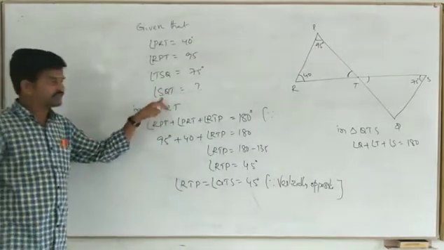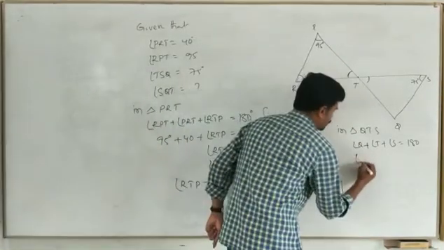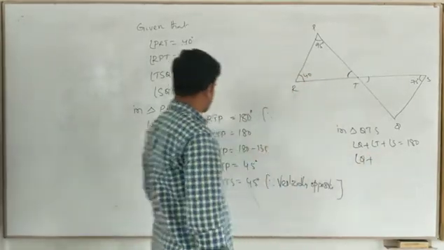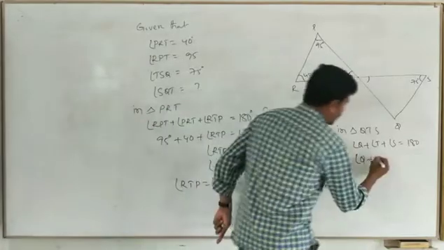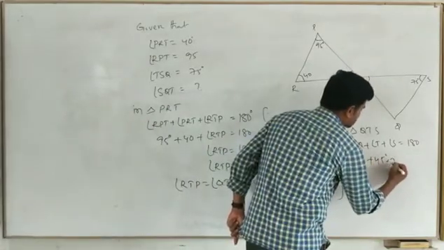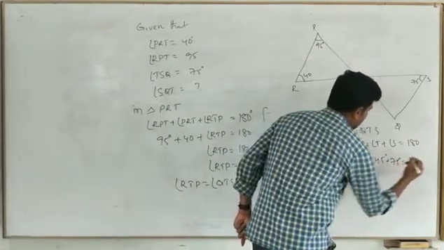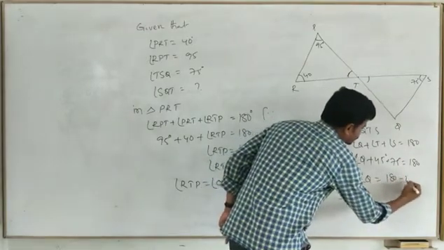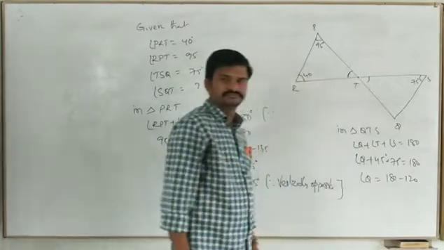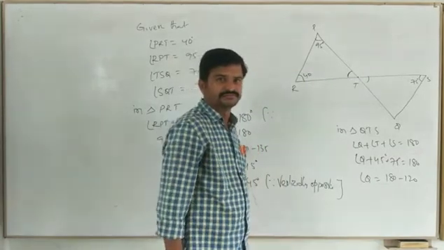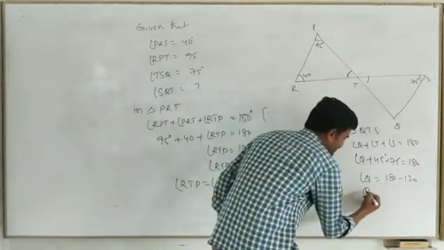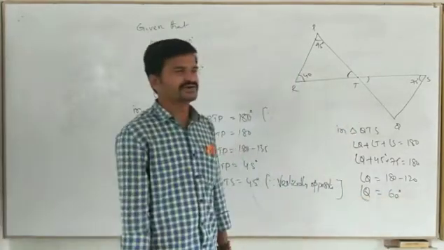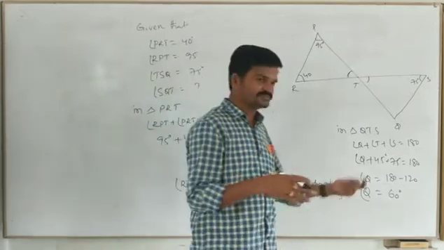You have to find SQT, that means angle Q. Angle T is 45, plus 75, equals 120. Then angle Q equals 180 minus 120, which is 60. Angle Q equals 60 degrees. Understood?